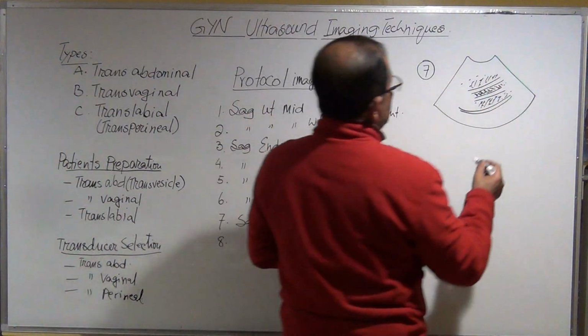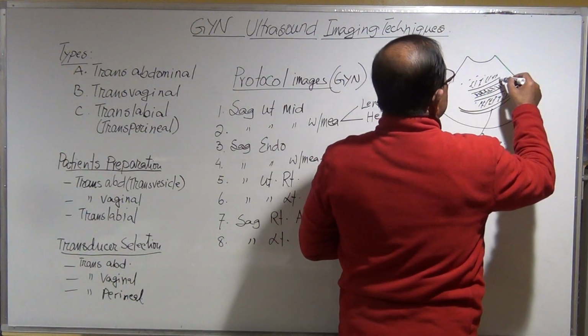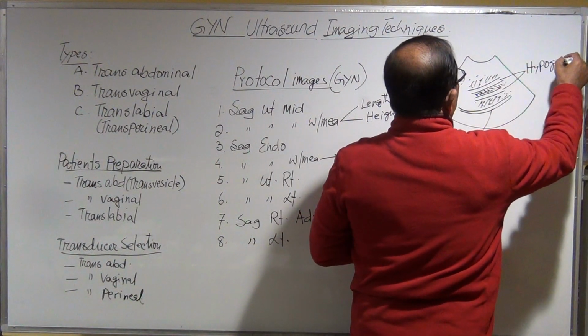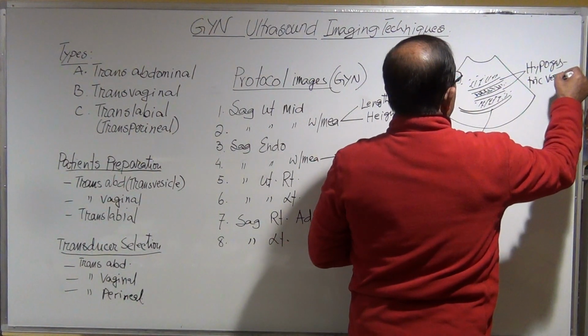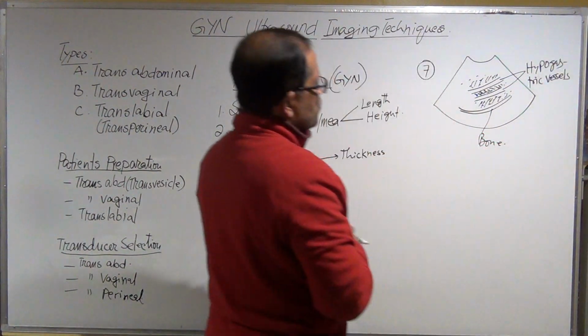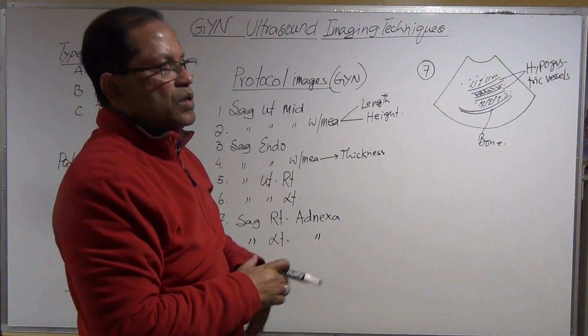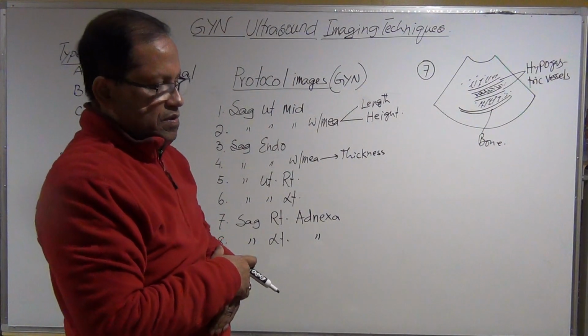You will see the bony bone. Then you will see the two hypogastric vessels. Okay? Sometimes you need to click the color to identify the two blood vessels.